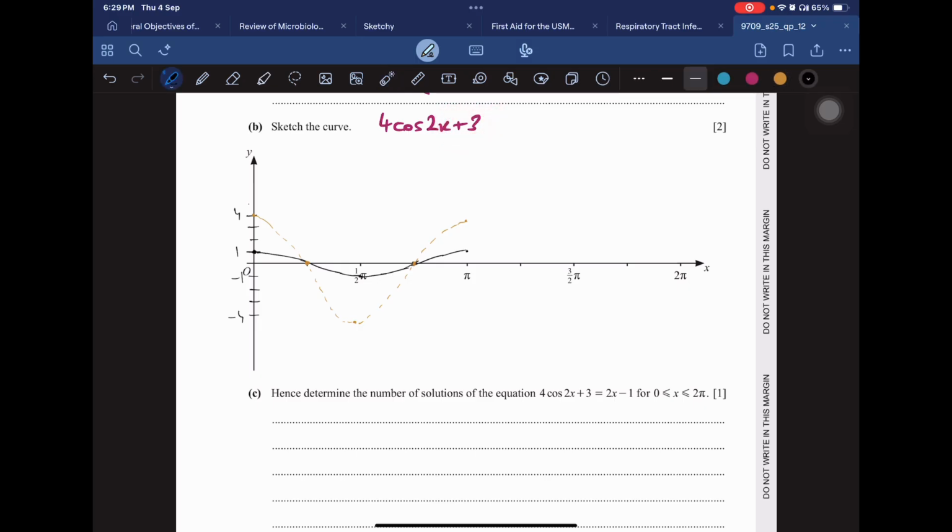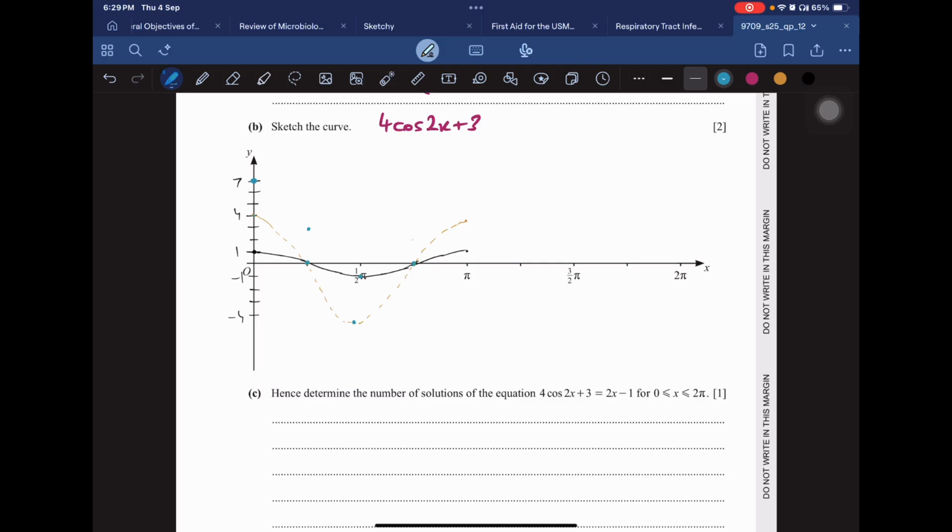So let's draw 5, 6, 7. The first point will go 3 units upwards, it will reach 7. This point will also go 3 units upwards, it will go from 0 to positive 3. So we have 3 somewhere here. From negative 4, the middle point will go plus 3, which will be negative 1.